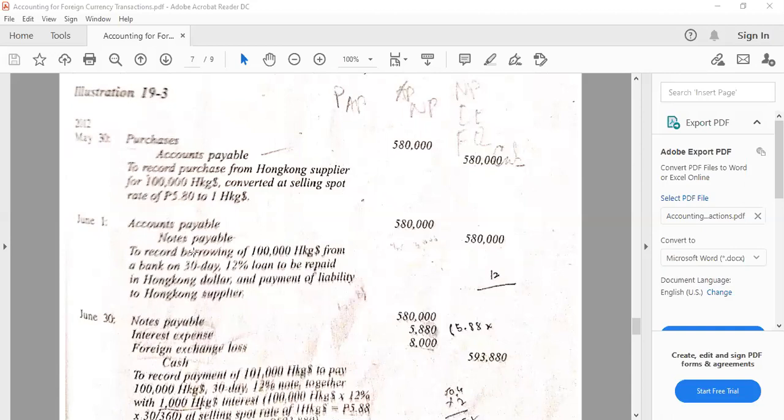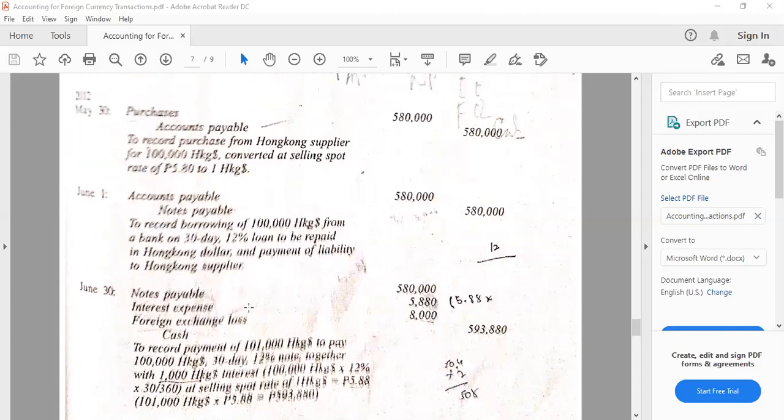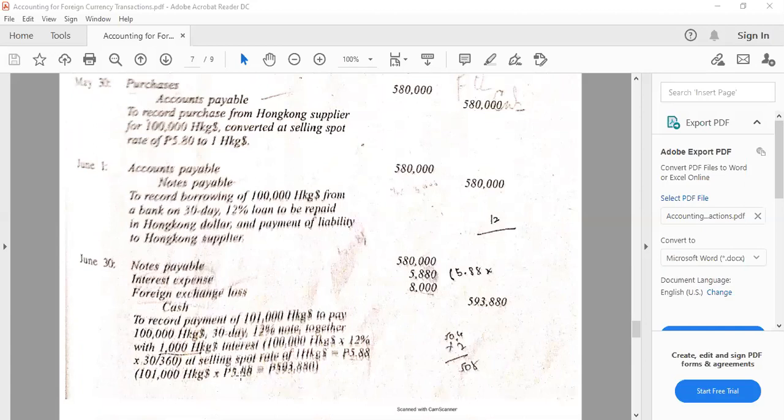So we can notice here that this is purchases, accounts payable at 580,000, and just one day we converted the liability into notes payable, which is one way of settling it. By June 30, the interest expense is whatever the prevailing rate, 5.88, times the 100,000 principal, times time, which is assumed to be 30 days, from May 30.